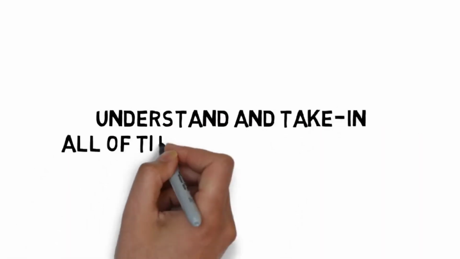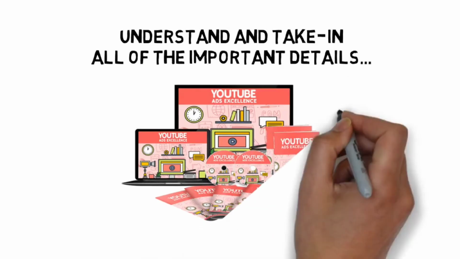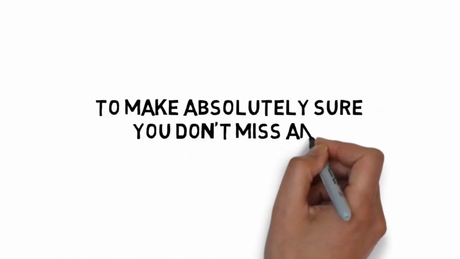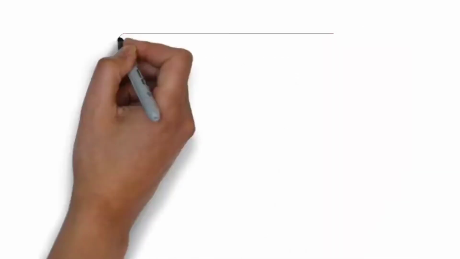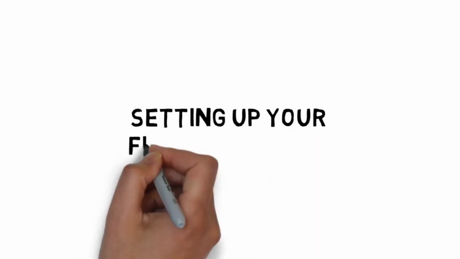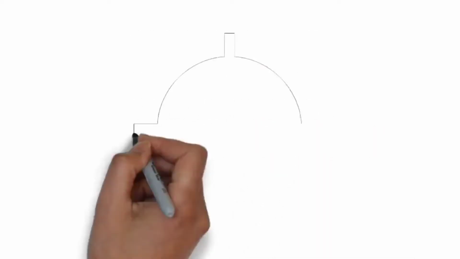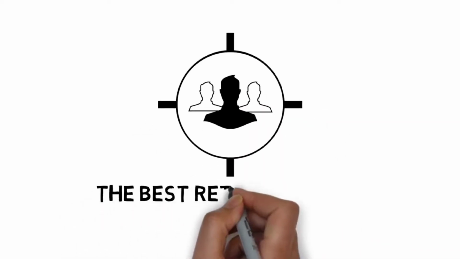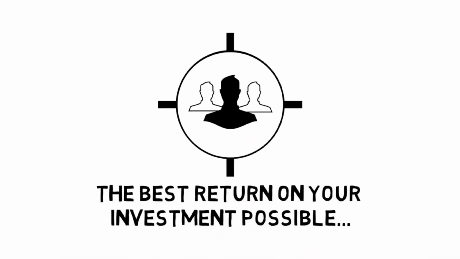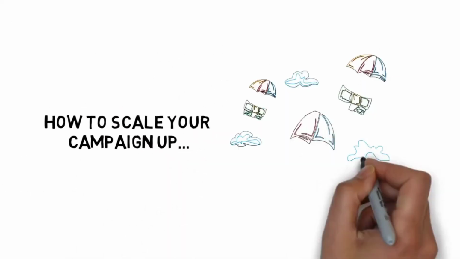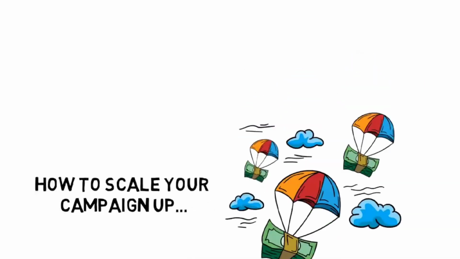That's why you need to understand and take in all of the important details inside the YouTube advertising guide you just purchased. To make absolutely sure you don't miss any important details when it comes to getting started with YouTube advertising, setting up your first campaign, learning how to target your campaign properly for the best return on your investment possible, and how to scale your campaign up and make as much money as possible from your most profitable campaigns.